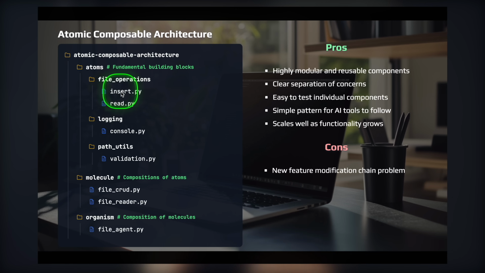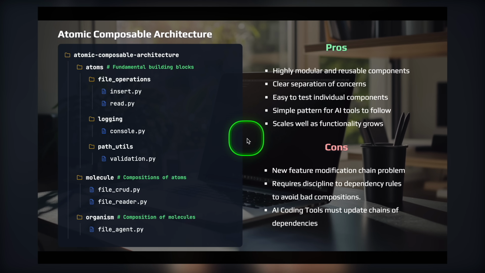And this can be really, really annoying as you start building up more and more molecules and organisms. And if you have even higher levels of abstraction, like membranes or ecosystems, this can be really, really annoying to work with, right? Because now I want to make one change to insert. Now we need to back test everything else, right? Every higher level composition. So, this is the main con.